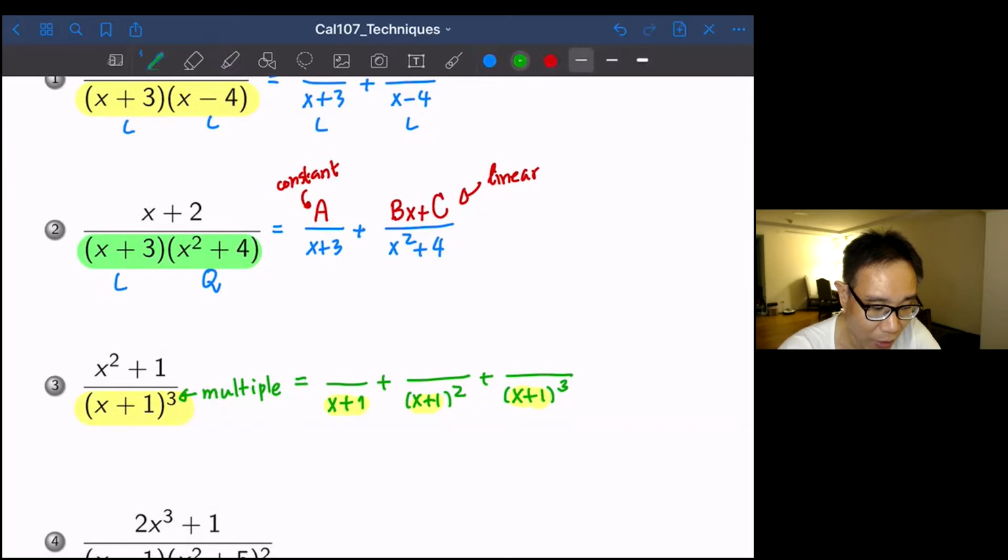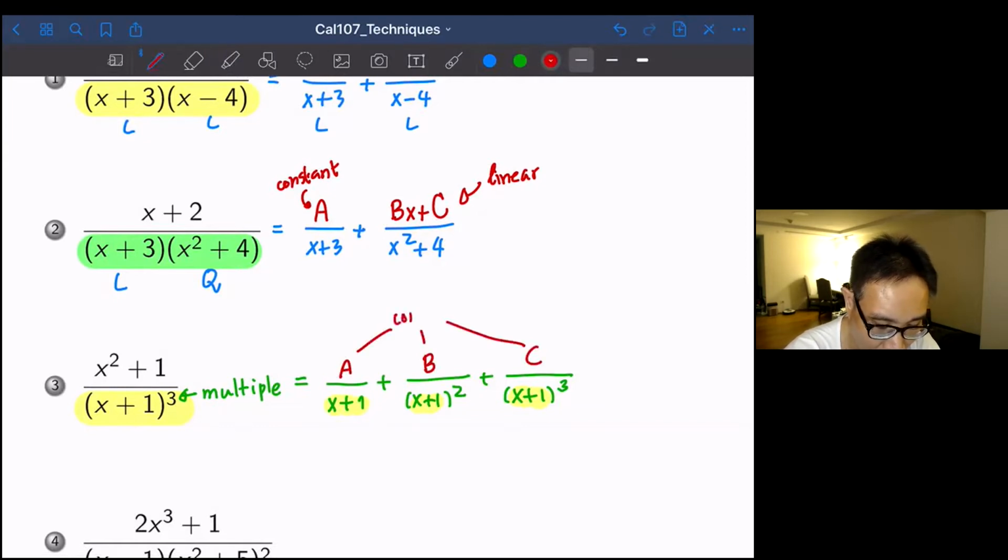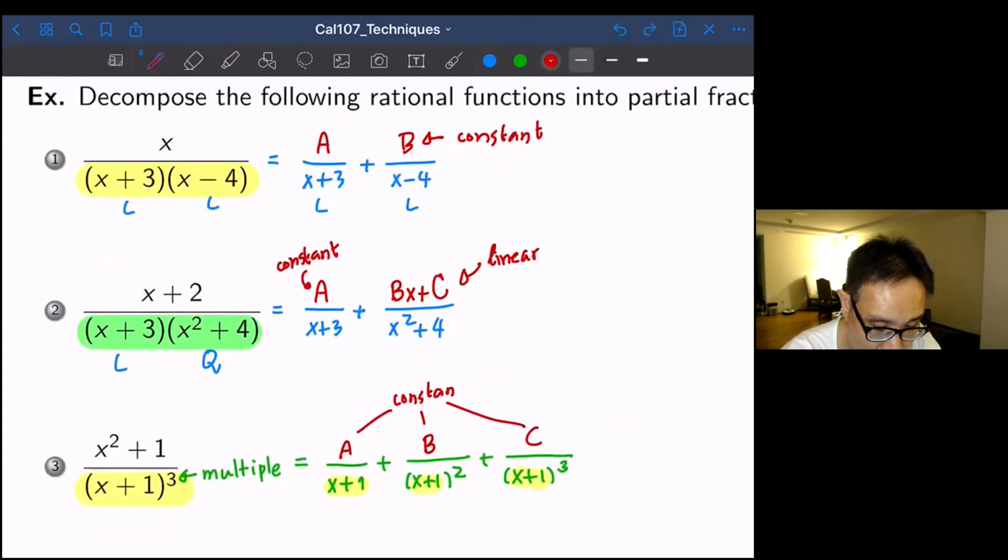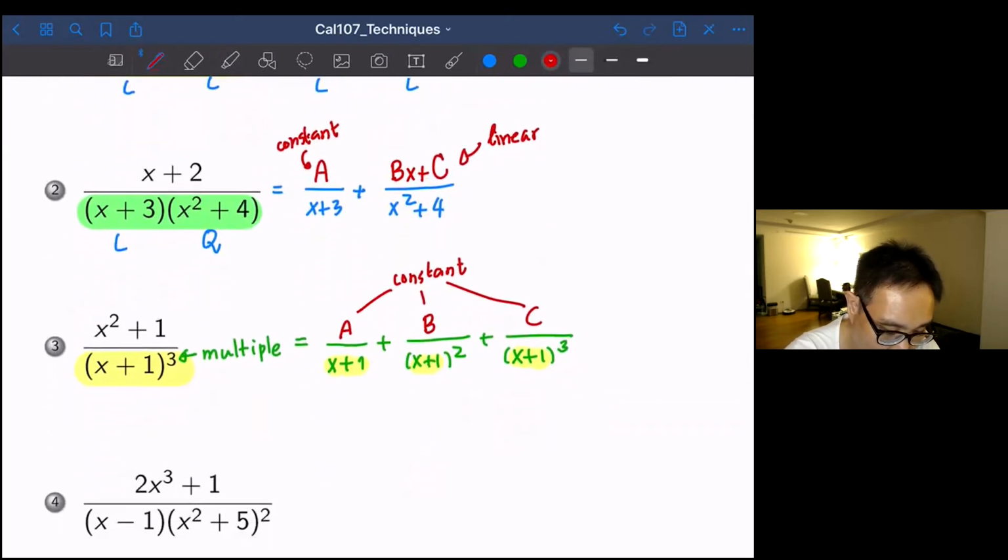So when you have linear on the bottom like this, on top is going to be A, B, and C, and you would just have constants.